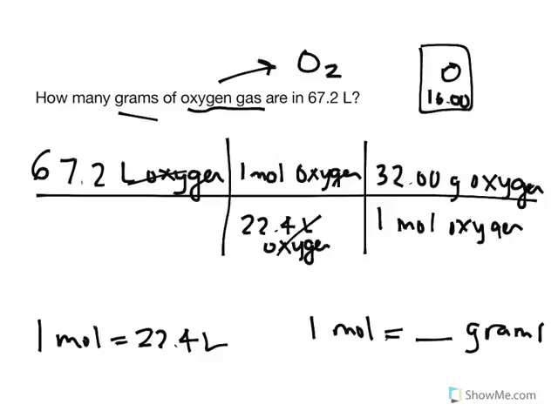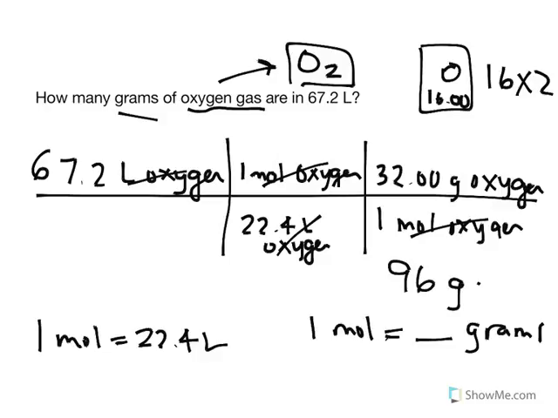But because oxygen is found as O2 in nature, it's really 16 times 2, because there are 2 oxygens. So when we write that, we'll write it as 32. This is called diatomic, which I'm going to go over in just a second. But if you do the math on that, 67.2 divided by 22.4 times 32, you get 96.0 grams of oxygen.